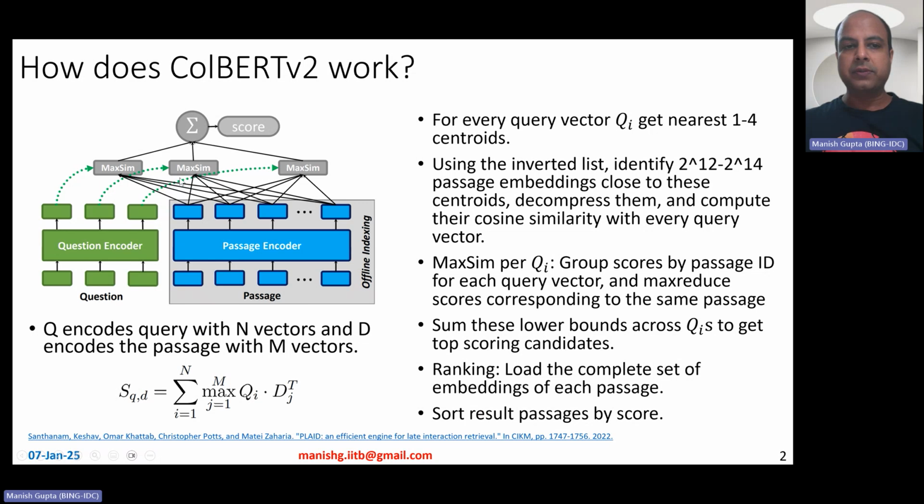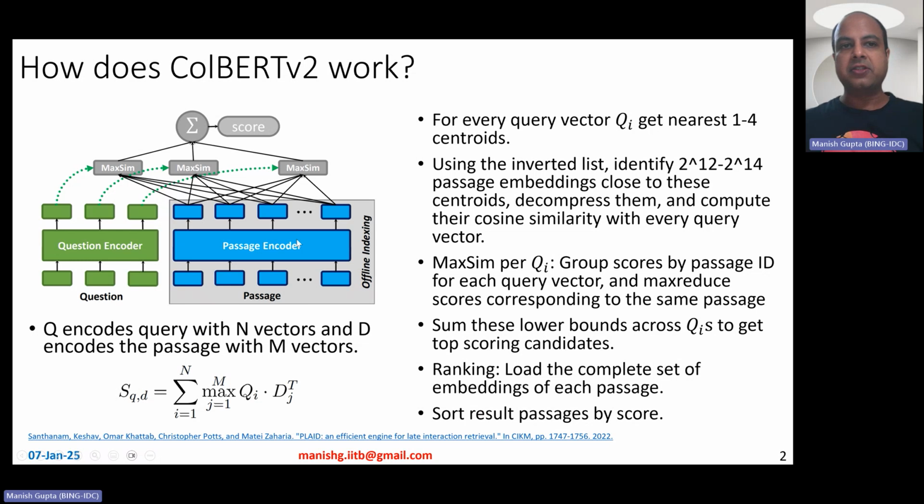And you figure out the most relevant passages by ranking them using this maximum similarity score. And the maximum similarity score basically says that for every query token, you're going to find the most matching document token in the embedding space, and you return those documents or passages which have the highest sum of such maximum similarities across all the query tokens.